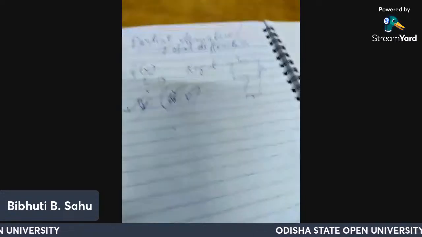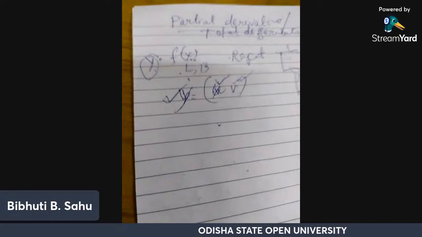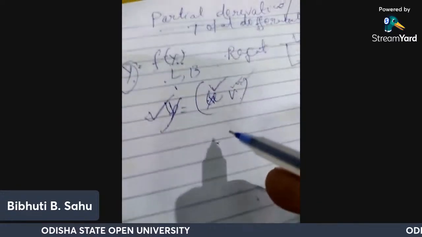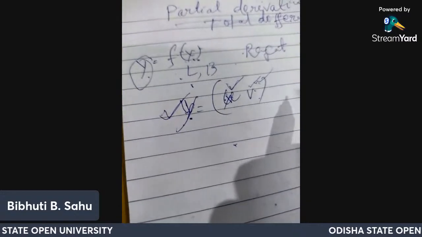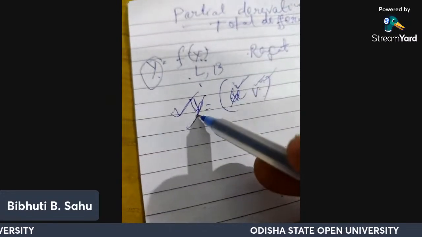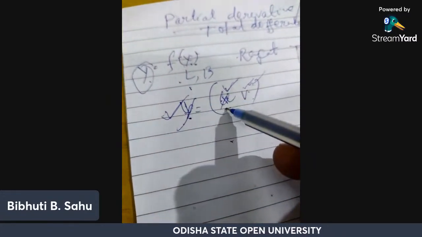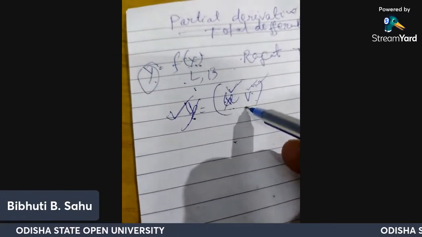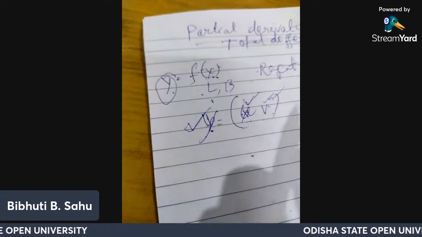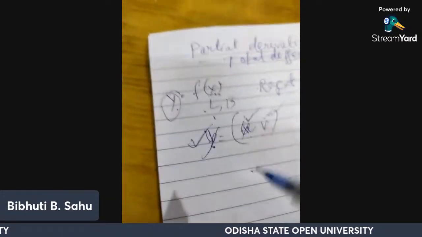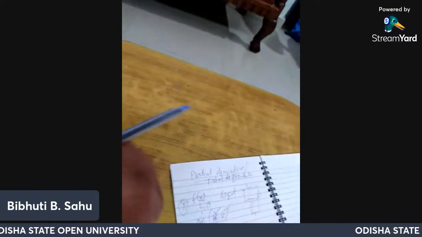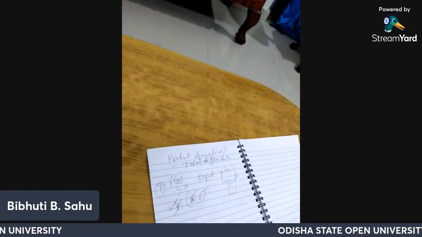By simply taking the partial derivatives. In the case of partial derivatives, we take the derivatives with respect to a particular variable, considering the other variables remain constant.